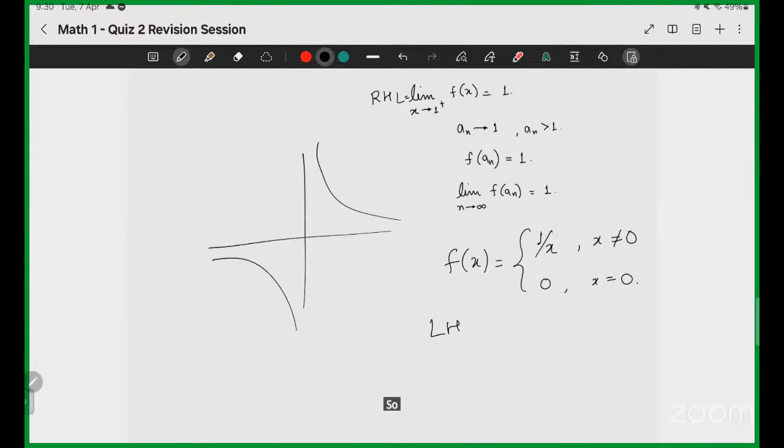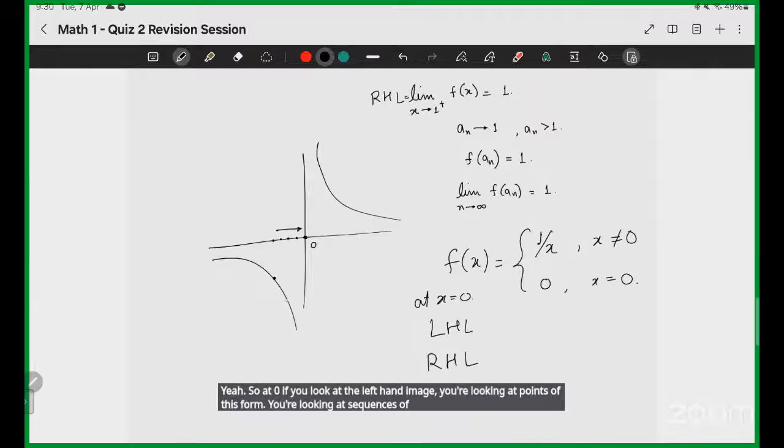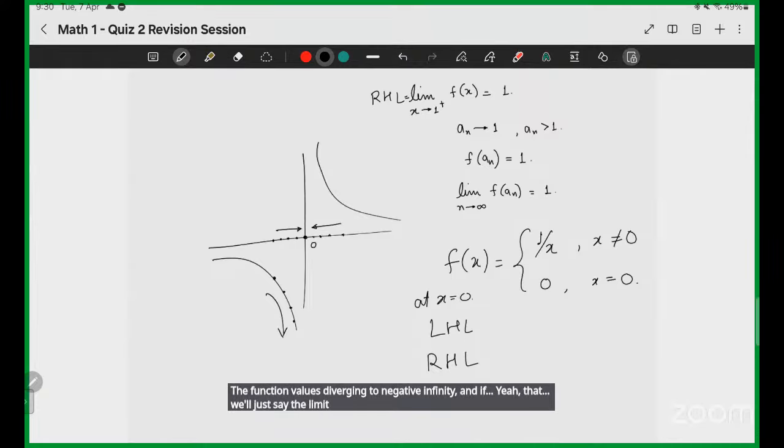So does the left hand limit exist? Does the right hand limit exist? No, sir, at 0. It will be divergent to infinity. So at 0, if you look at the left hand limit, you're looking at sequences of this form, and you have the function values diverging to negative infinity. So there we'll just say the limit does not exist.